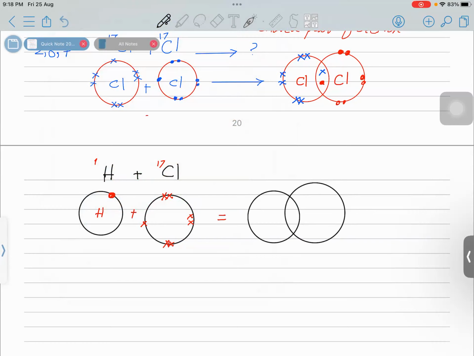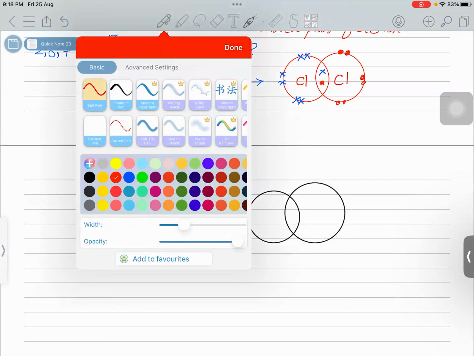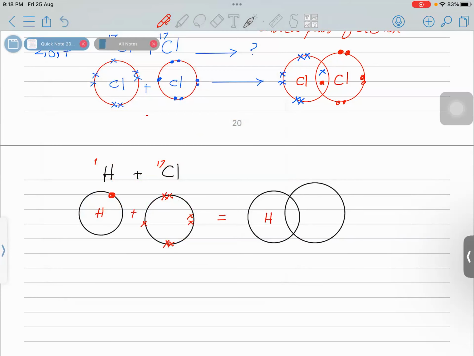So here you have hydrogen. This is the hydrogen electron. This is Cl. So this is a covalent compound.